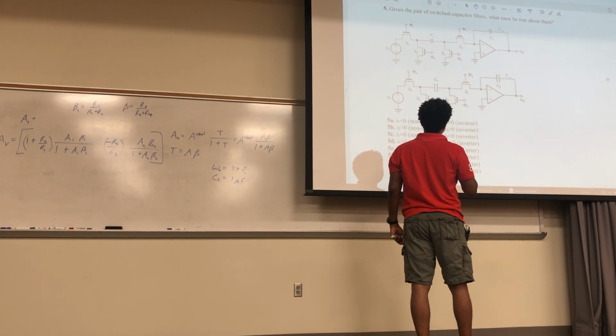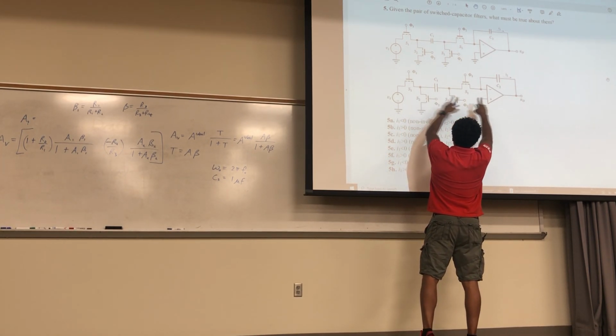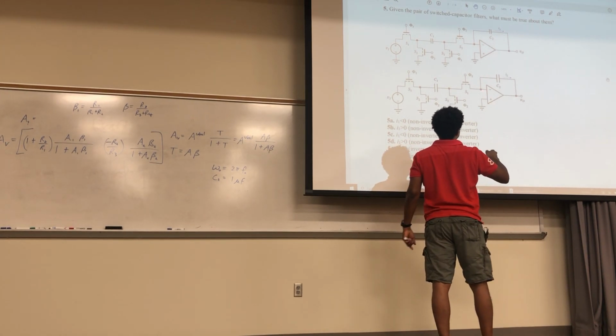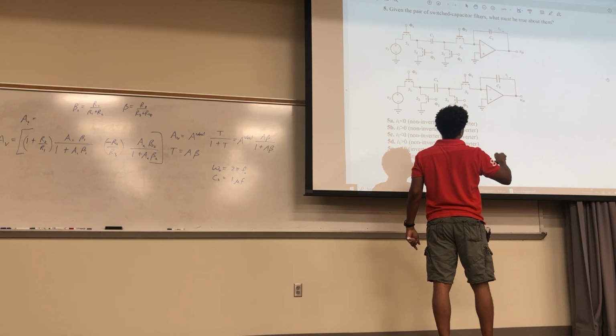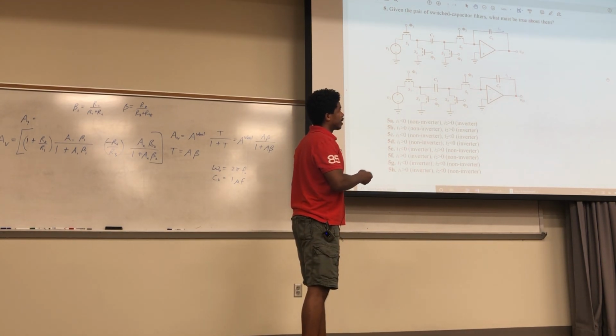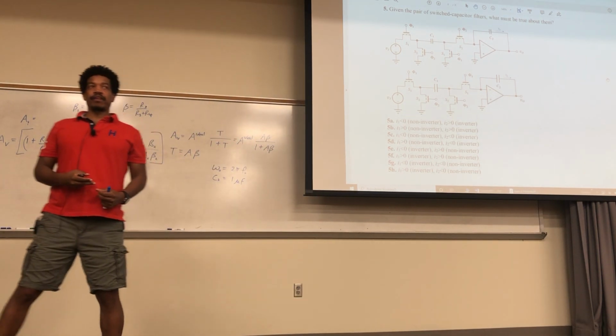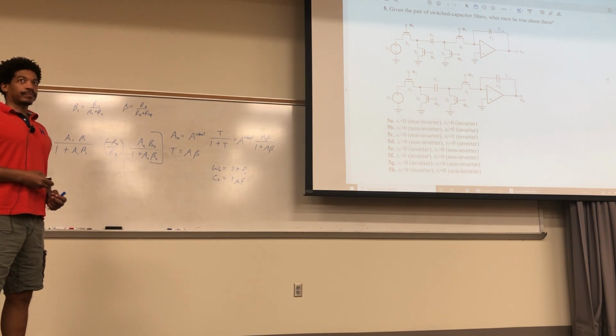There's no current at that time. And then they switch back and then current starts going this direction again. So this current keeps going around like this, but it goes in this direction. So if current is going in this direction, is that an inverter or a non-inverter? Why do you say inverter? I heard inverter.